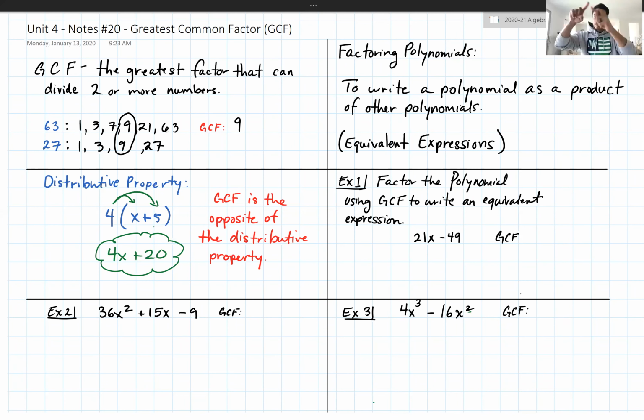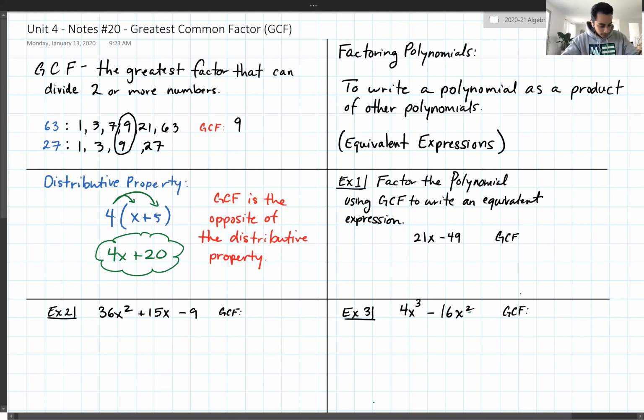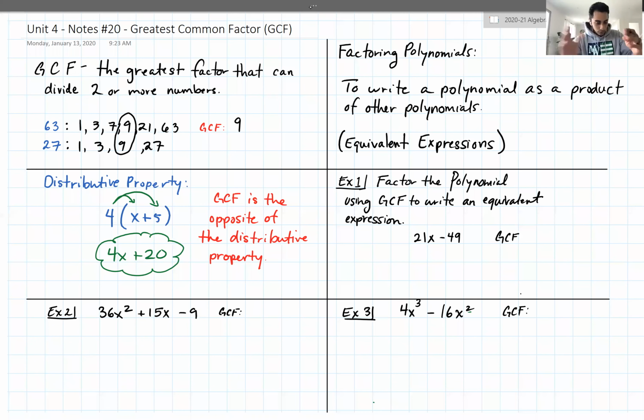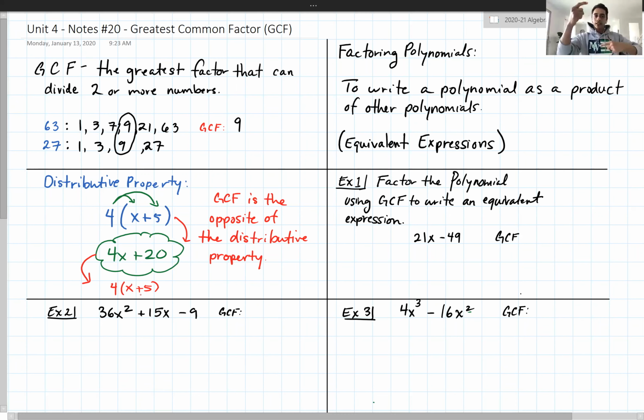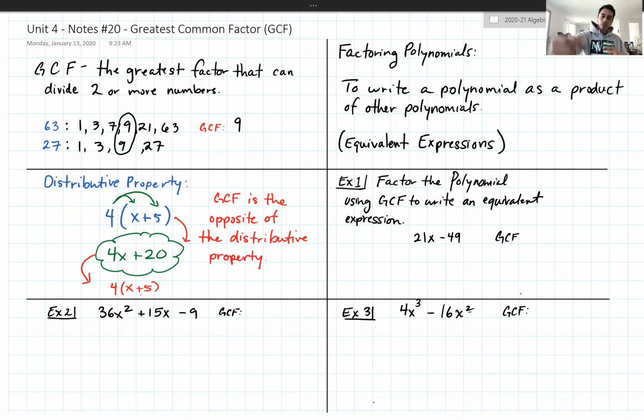So if we undid the distributive property, the distributive property gets us from 4 times x plus 5 to 4x plus 20, but then GCF would take us back to 4 times x plus 5, right? So there's a connection between distributive property and factoring in that they're basically like a cycle. You distribute, and then if you want to undo it, it's the factoring process, okay?